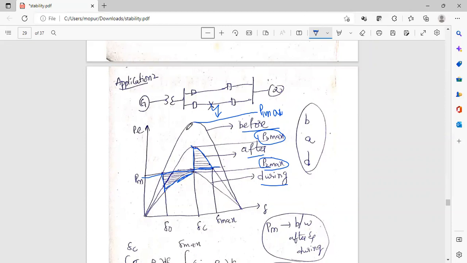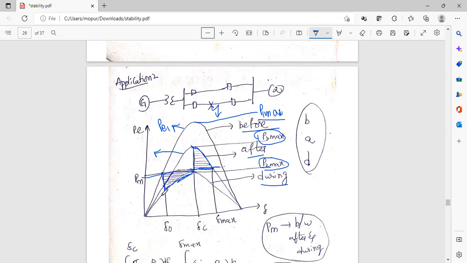Let me take the corresponding curve. This is before. So before, PE1 is equal to P1 max sine delta 1, and the peak is P1 max. That is the procedure of solving: before, during, after.